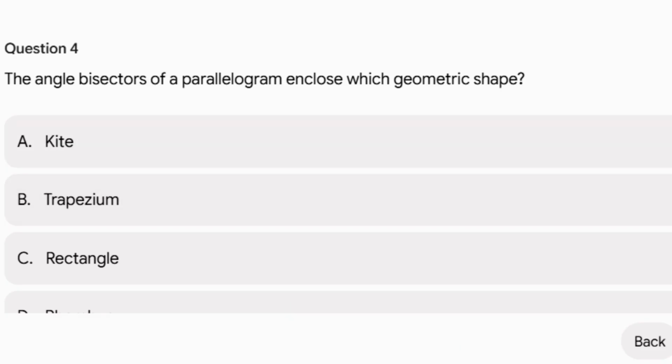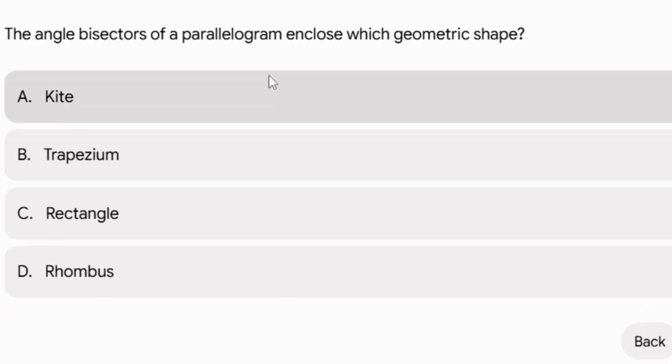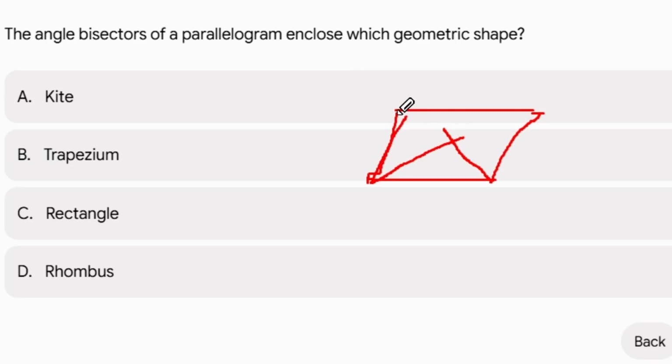Next problem: the angle bisectors of a parallelogram enclose which geometric shape? The sum of adjacent angles equals 180, then the sum of half angles equals 90.